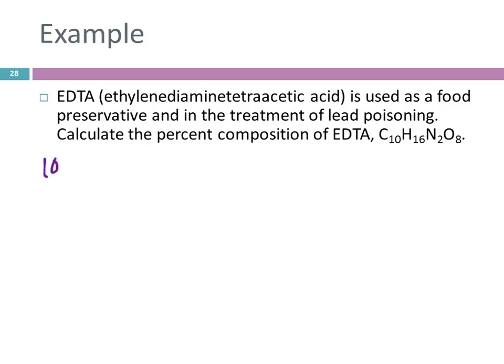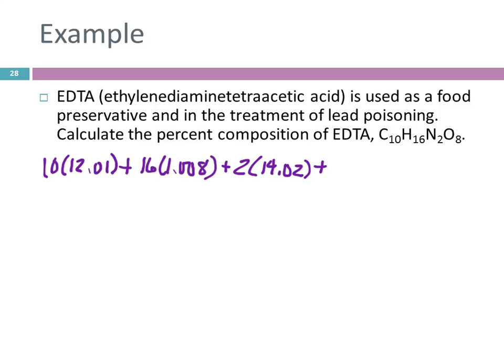So I've got 10 times the mass of carbon plus 16 times the mass of hydrogen plus 2 times the mass of nitrogen plus 8 times the mass of oxygen. 10 times 12.01 plus 16 times 1.008 plus 2 times 14.02 plus 8 times 16, 292.268 grams.